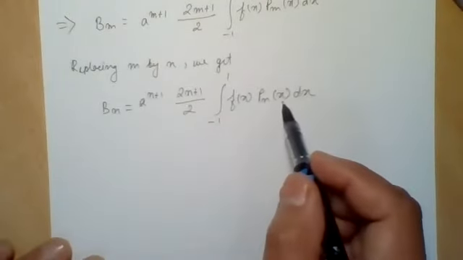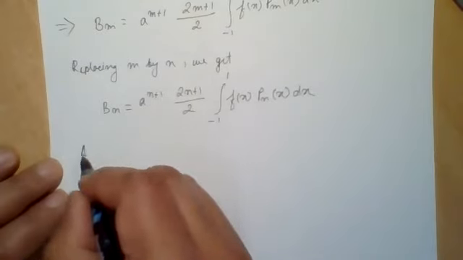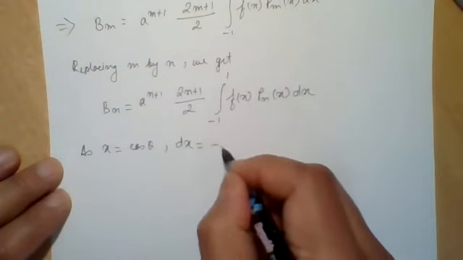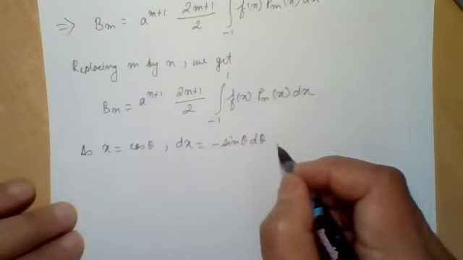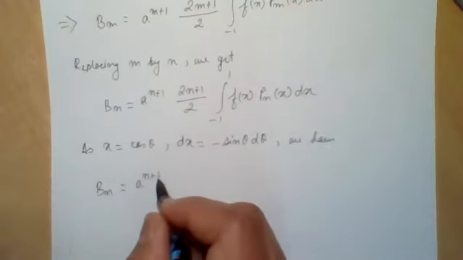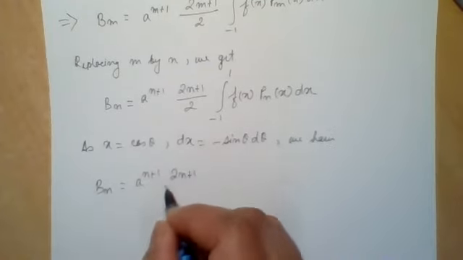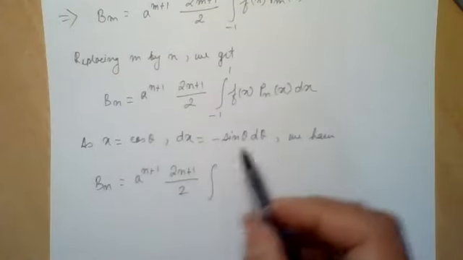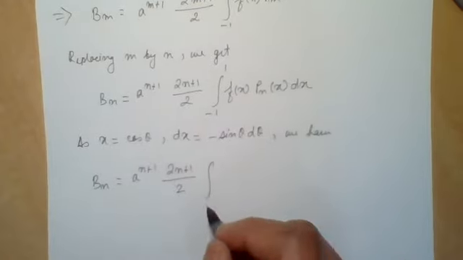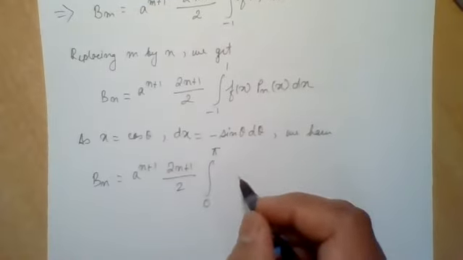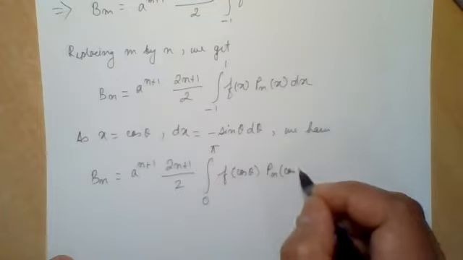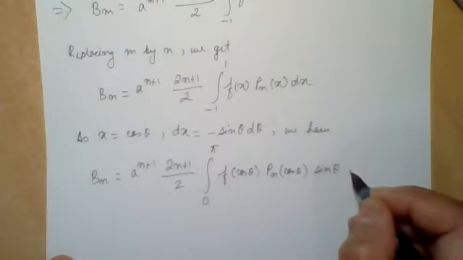Now let us put back x equal to cos theta. As x equals cos theta, dx equals minus sin theta d theta, we have Bn is equal to a to the power n plus 1 times 2n plus 1 by 2, integration, x is cos theta, so this we can take as from 0 to pi, f of cos theta Pn(cos theta) sin theta d theta.